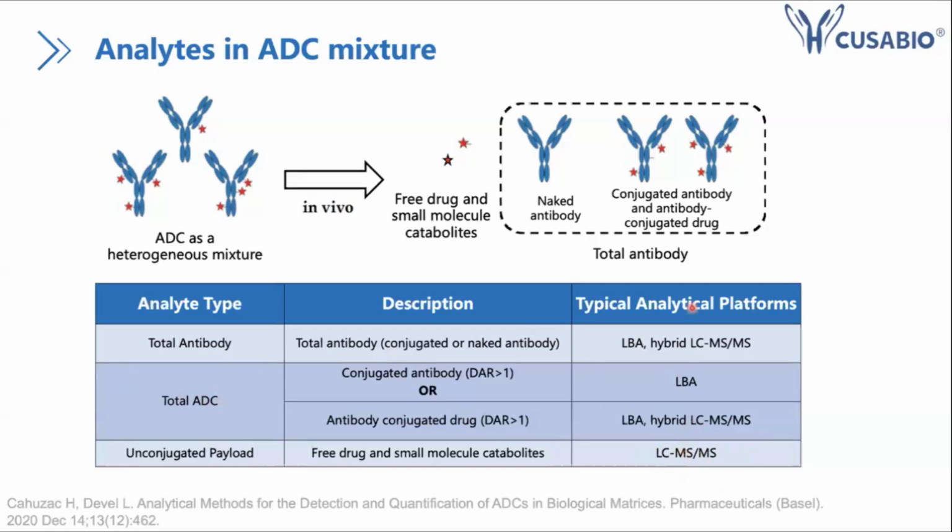And above these two, we even have another one. This is the hybrid assay, which combines the advantages of LBA and mass spec. After we combine them, we can increase the sensitivity, and also we can avoid the interfering factors especially found in the clinical samples, to increase the specificity and also the sensitivity.